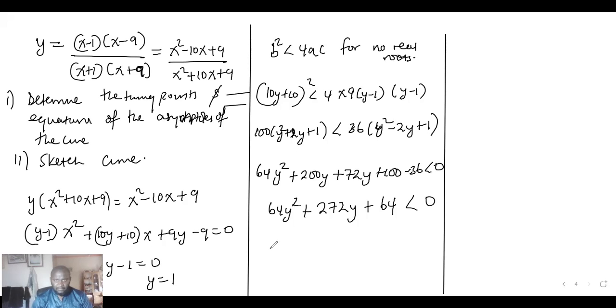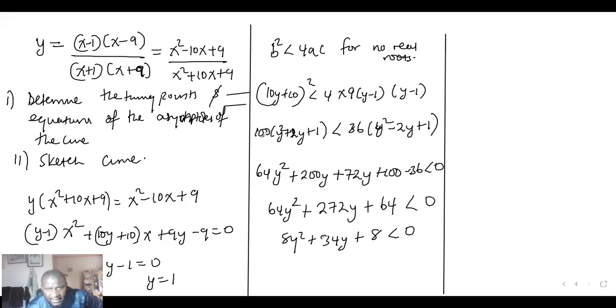By 8. Or by 4. What do you get? That will be 8y squared plus 34y plus 8 is less than 0. When you simplify, what do you get? I've never seen these answers. I doubt them. Especially the 272.